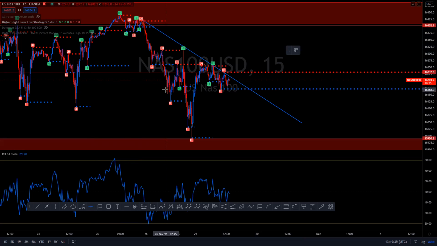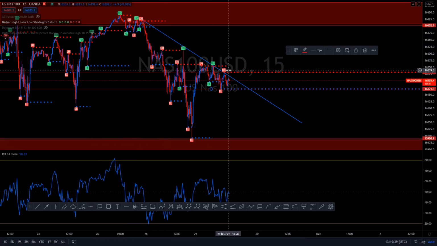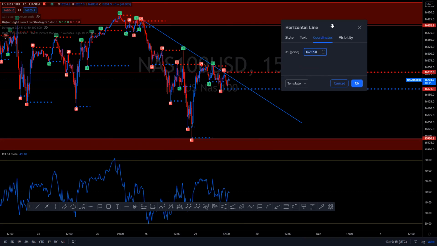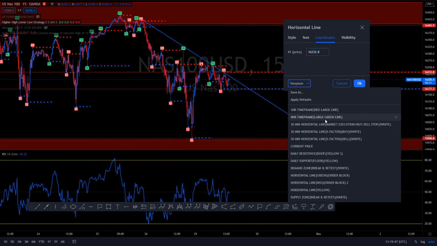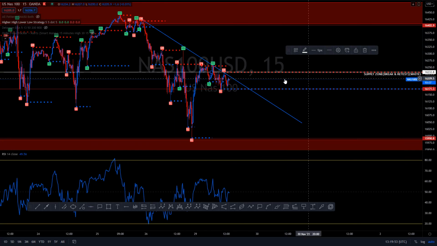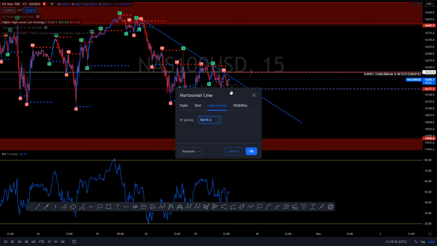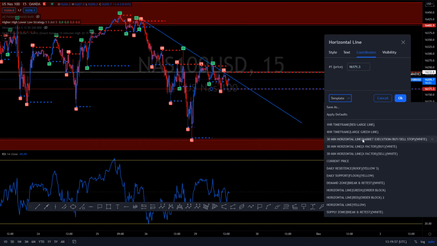So what I do is I find the nearest high, which is here, and the nearest low. The reason I draw these up is that once price is ready to go, I want to identify break and retest. That way, when price breaks and retests one of these horizontal lines, I know for sure which way price is going to go.